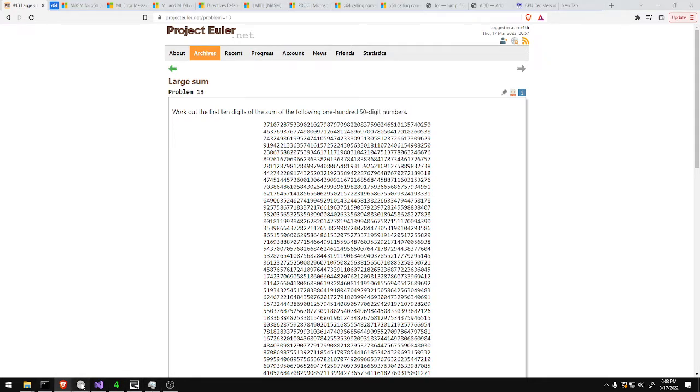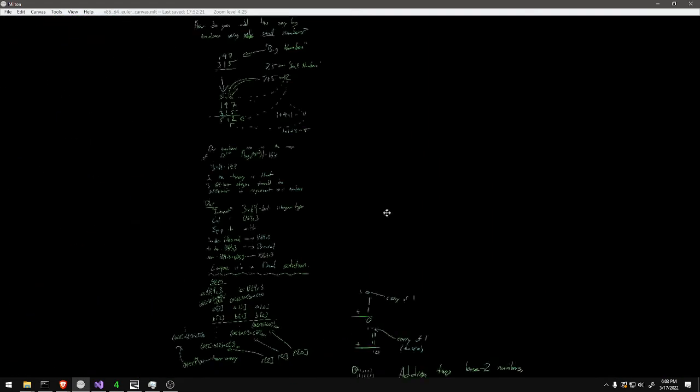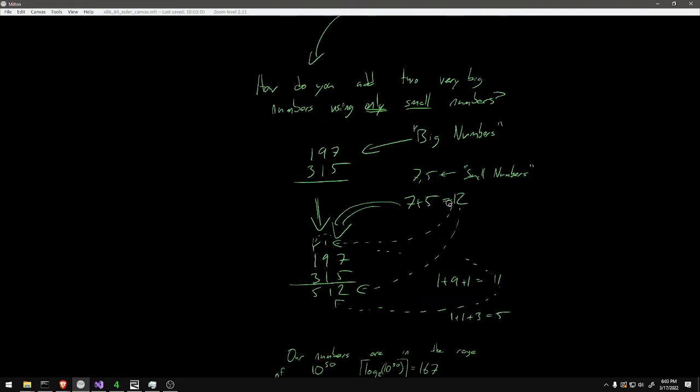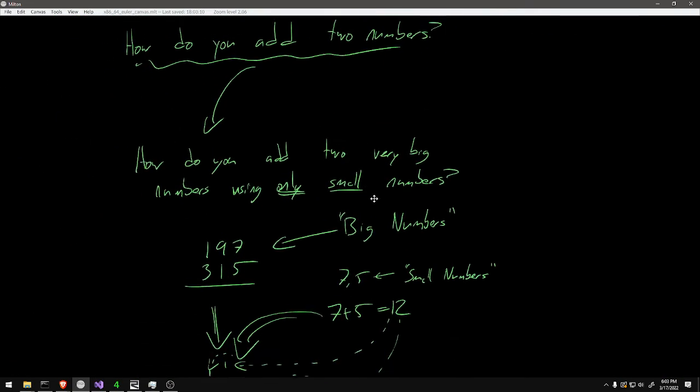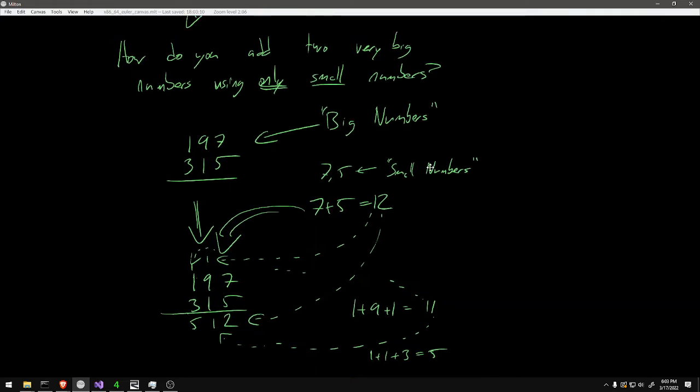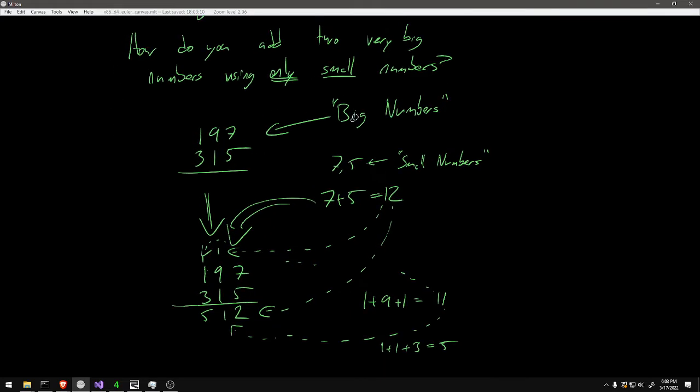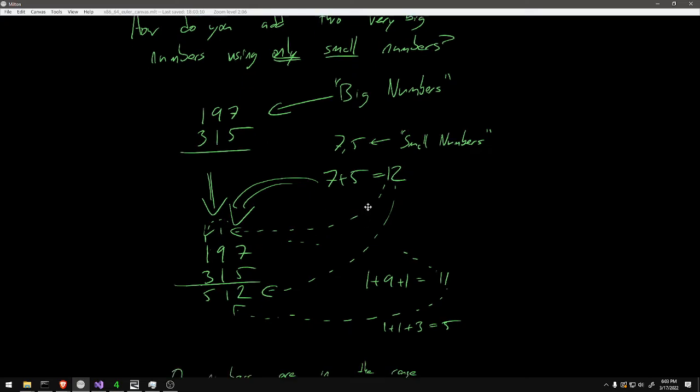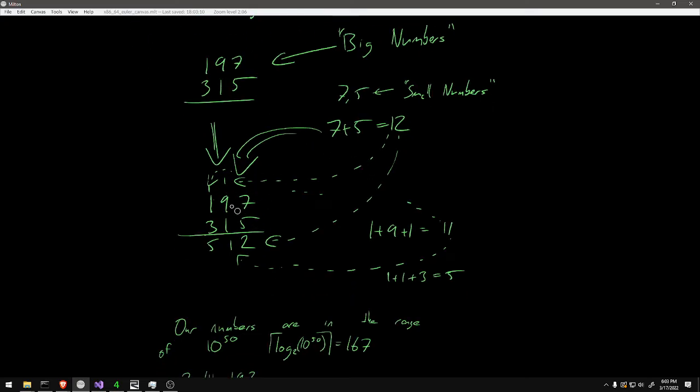So to recap what our ideas were, first of all, how do you add two numbers together? And the more important part was, how do you add big numbers together using small numbers? So it's like looking at the long addition algorithm, where here we have three-digit numbers, and this is for a human to do.